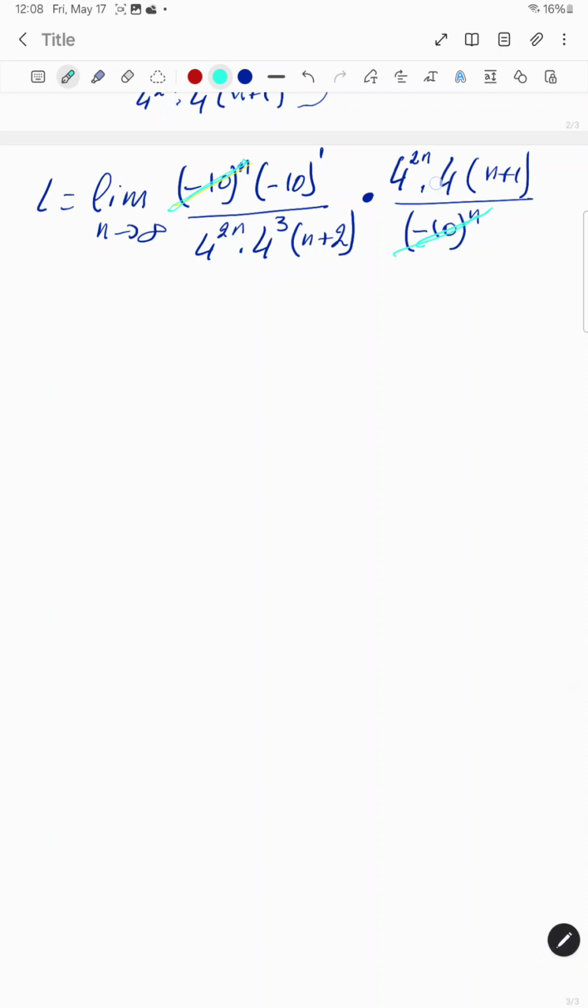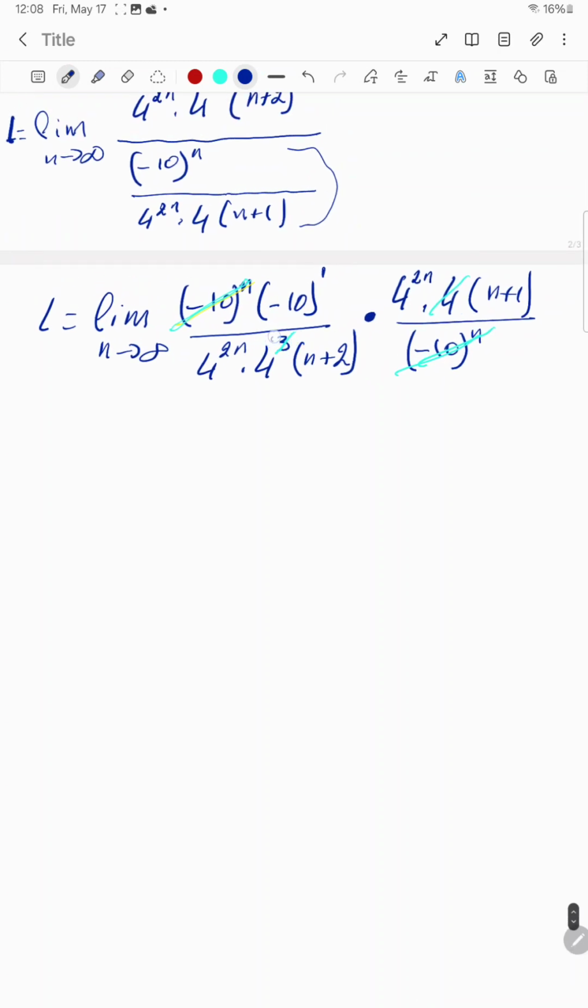And here I have 4, and here I have 4 to the power of 3, so it becomes 4 to the power of 2. And what else do I have? I do have 4 to the power of 2n and 4 to the power of 2n. And I think that's it. So let's write it down.